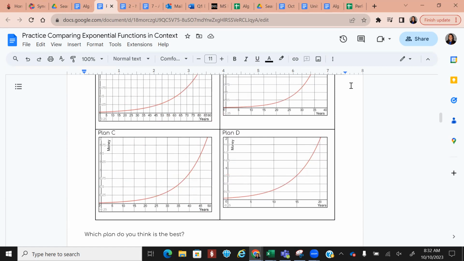Okay. What about the next one? Well, when y is 1, what was our x? Like 40, like 1 or 2, right? And then how many years would it take for plan D? It's like 16-ish.